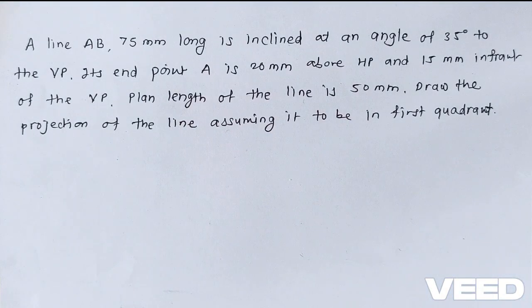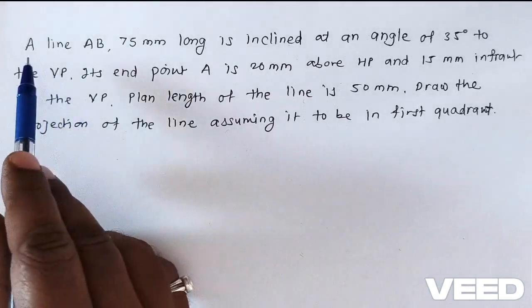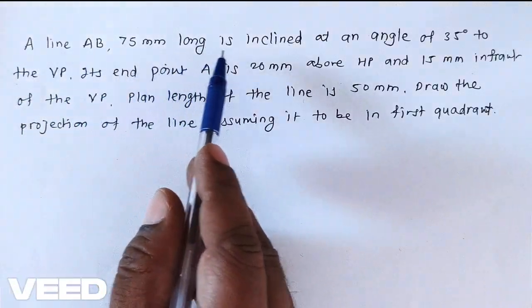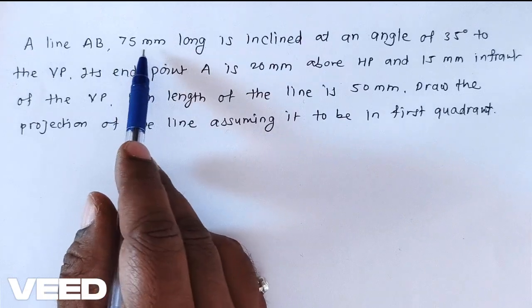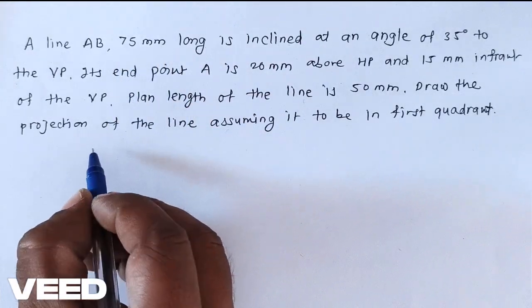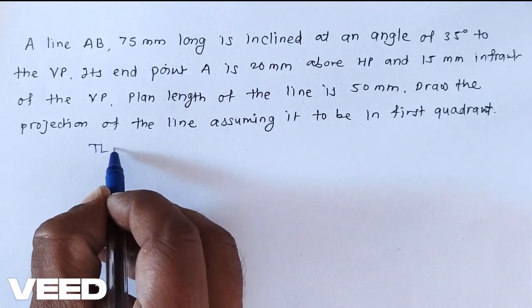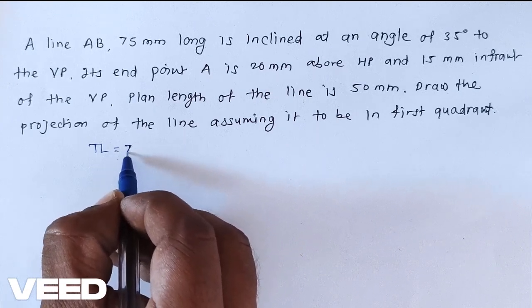The difference between the earlier problems and this problem is that something different is given. So we need to first analyze this problem and see what is given. A line AB 75 long means this is the true length of the line, 75 mm.